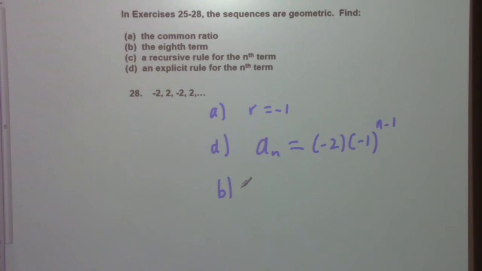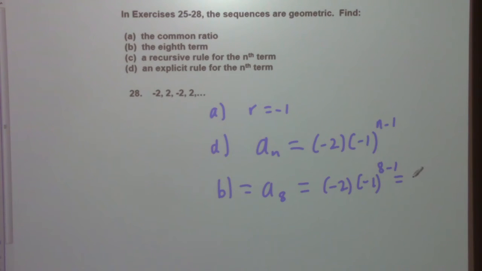For part B, that's going to be -2. Sure it's going to be -2?